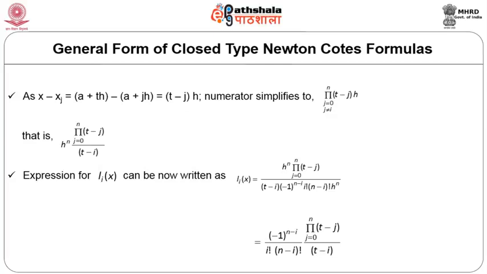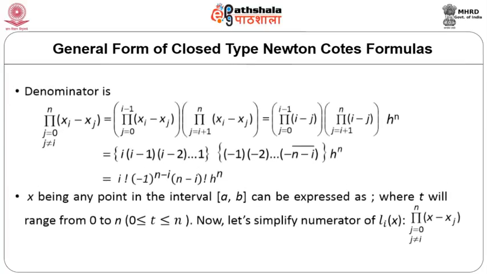Let us similarly simplify the denominator terms also. These denominator terms, xi minus xj, are (i minus j) into h, that we have seen. Now let us divide these denominator terms in two parts. One, the product over j equal to 0 to i minus 1 of xi minus xj, and the second, j equal to i plus 1 to n of xi minus xj.